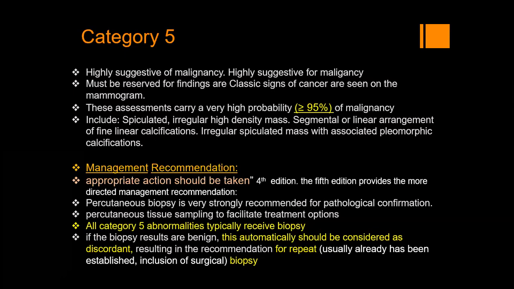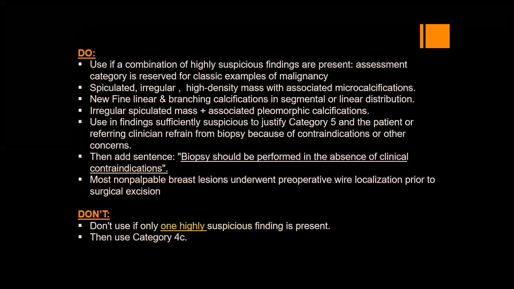All category 5 abnormalities typically receive biopsy, and if the biopsy result is benign, this automatically should be considered discordant, resulting in a recommendation for repeat biopsy. Consider surgical excision and surgical biopsy.